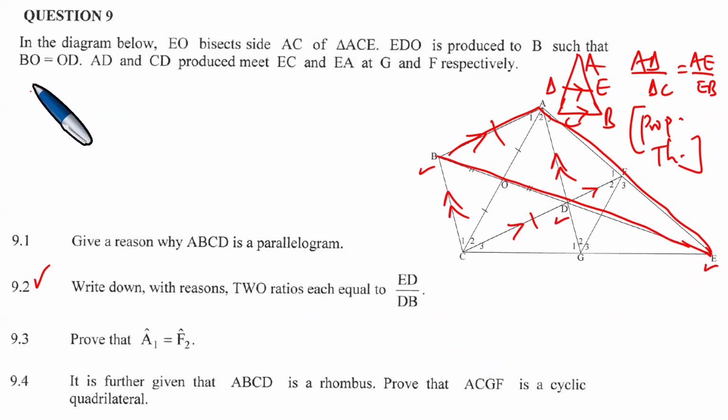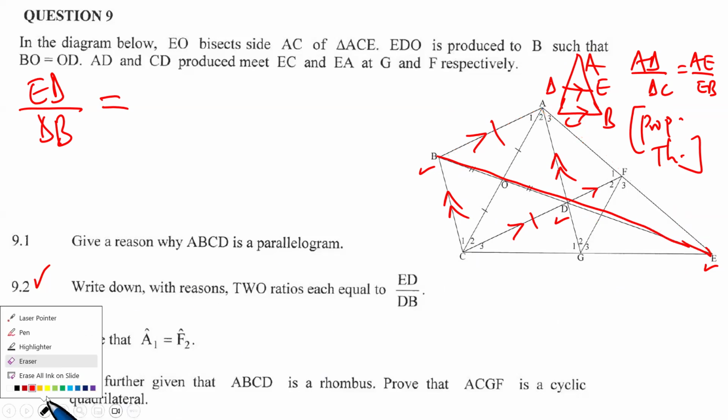Now you're going to write here ED over DB in the exam. It's equal to what? You can see now there's a line that is parallel. This triangle has been rotated to lie on its side. But if you have ED over DB, it must be equal to this one here.